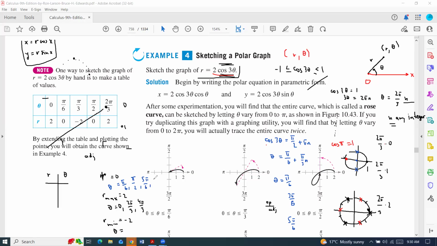That'd be 7 pi over 6, and 6 values. 9 pi over 6, which is 3 pi over 2. Let's see how many of them, 6 of them. Just add 2 more. 9, so plus 2 is going to be 11, right? 11 pi over 6, and finally 13.